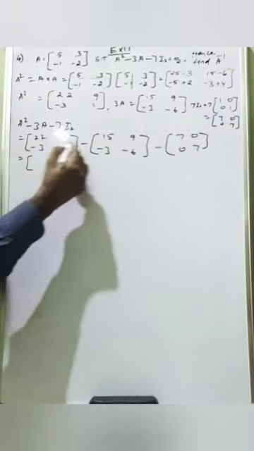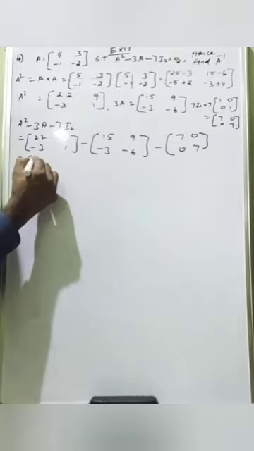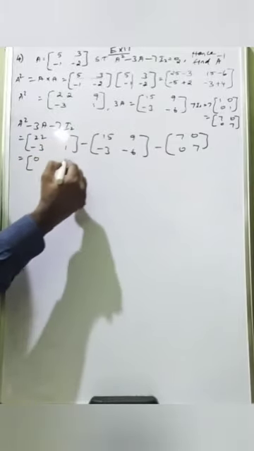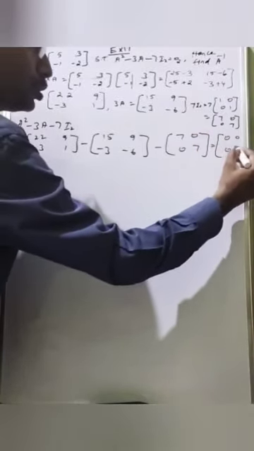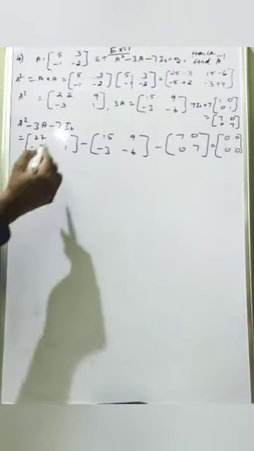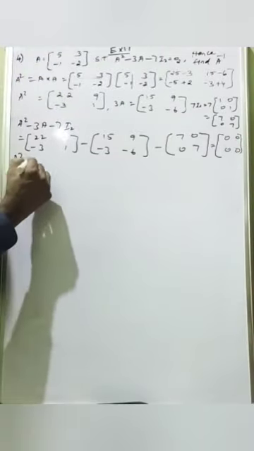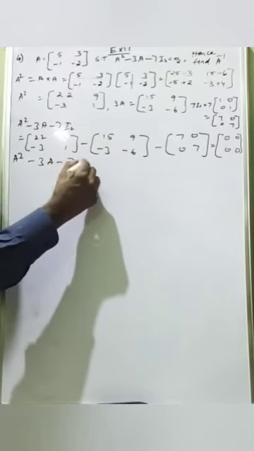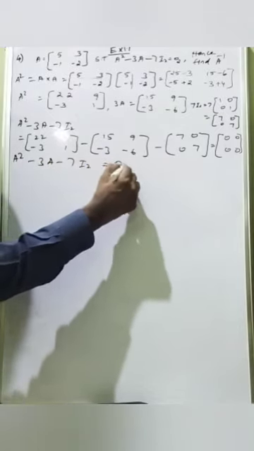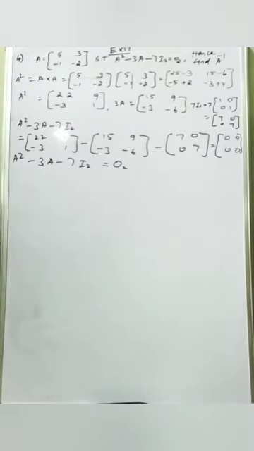Now subtract this, we get 22 minus 15 minus 7 is 0, 9 minus 9 is 0, and so on. You may get 0 0 0 0. So the answer is 0. So A square minus 3A minus 7 I2 equal to 0, matrix of order 2. So we get the first step of the 3 mark question.